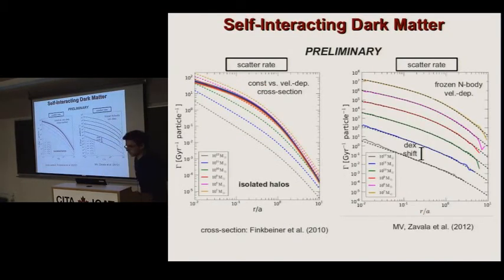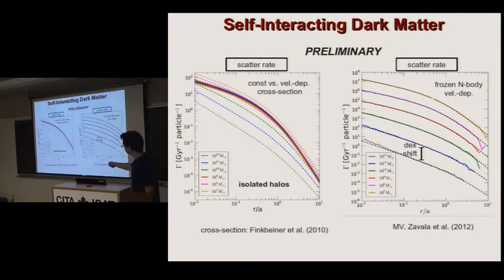So this is what I was working on recently with collaborators, and this is all very preliminary. We just started the simulations a few weeks ago. These are just simple test calculations where we did isolated halos. These are just Hernquist halos, where you can see different halo masses, and I show you the scatter rate per particle and per gigayear.